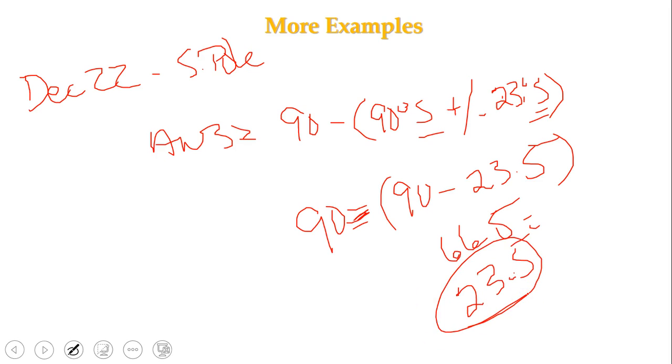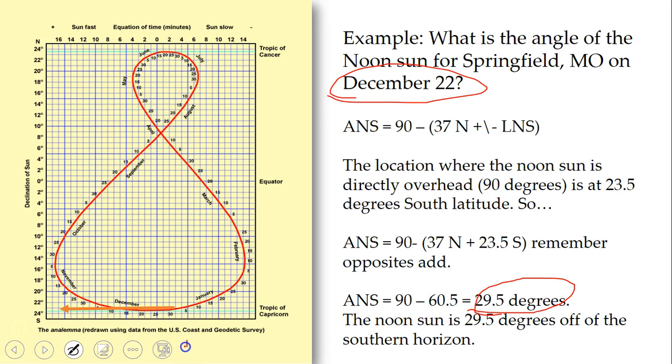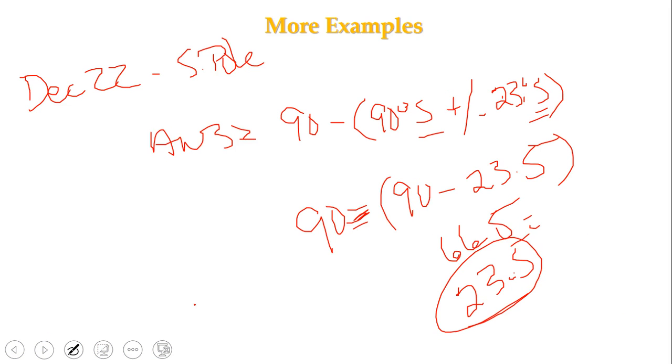So now here's the thing. Notice that I said I was at the South Pole. So guess what horizon I would look to? If I was at the South Pole, I'd look to the northern horizon to see that. Okay? Makes sense? That's how you calculate the noon sun angle.